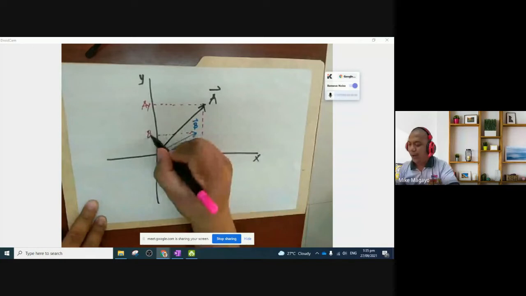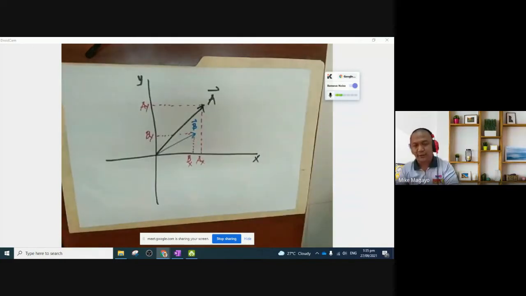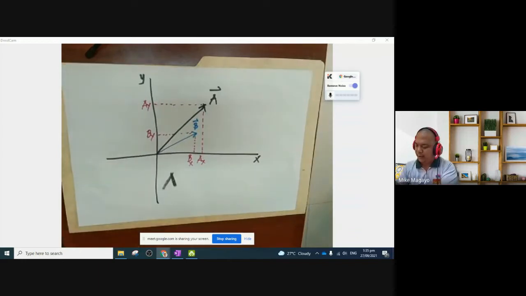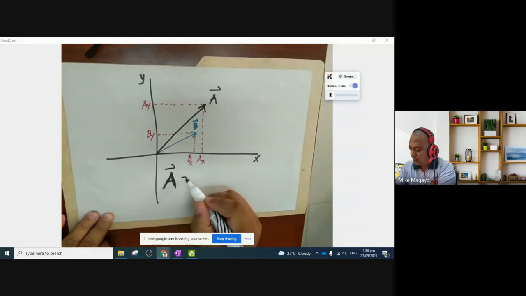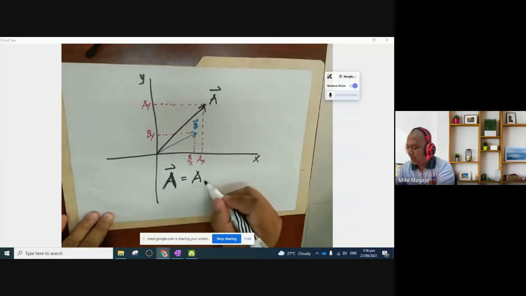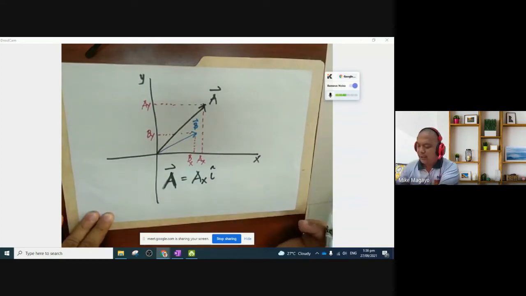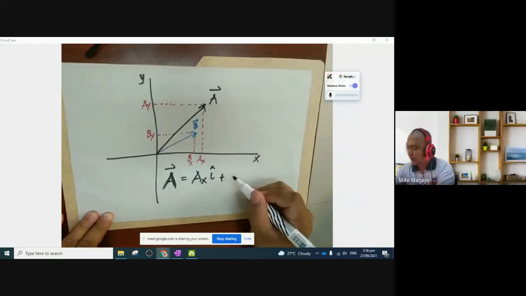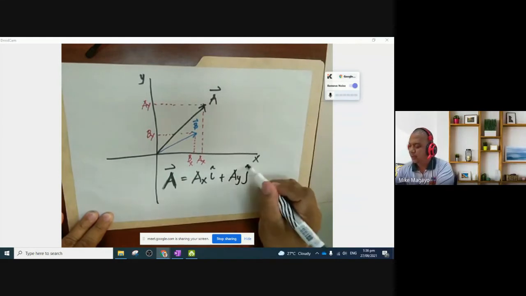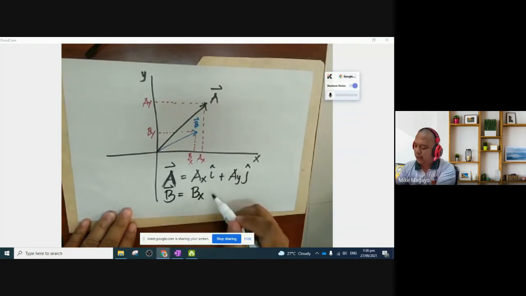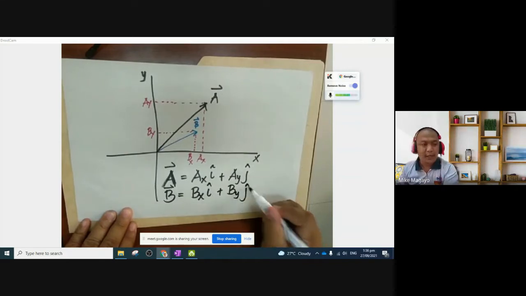If we want to add the two vectors analytically, we could represent vector A as Ax i-hat, because it's along the x-axis and that's the unit vector, plus Ay j-hat for vector A. For vector B, this is equal to Bx i-hat plus By j-hat.